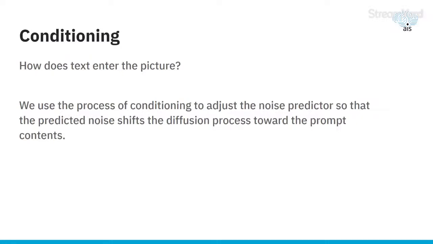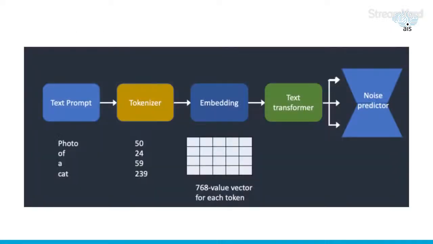You can take text, convert it into a pretty small form, and then feed that into a noise predictor, and it'll bias it toward cleaning noise in such a way that it creates images that follow from the text.